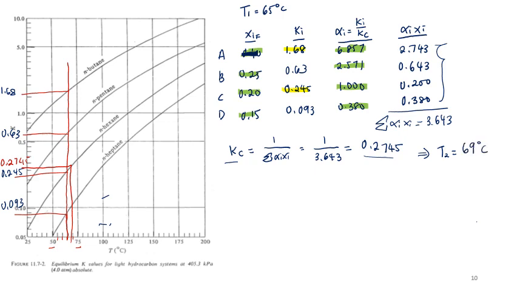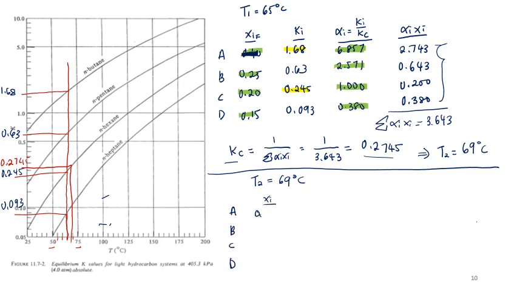69 degrees Celsius. So what's next is that you try to repeat the same process again. This time T2 is 69 degrees Celsius. So you repeat for components A, B, C, and D, the xi remains the same: 0.4, 0.25, 0.2, and 0.15.